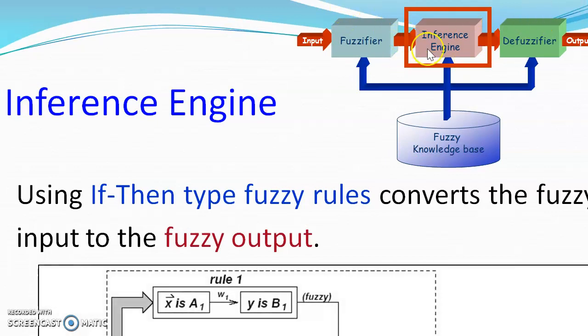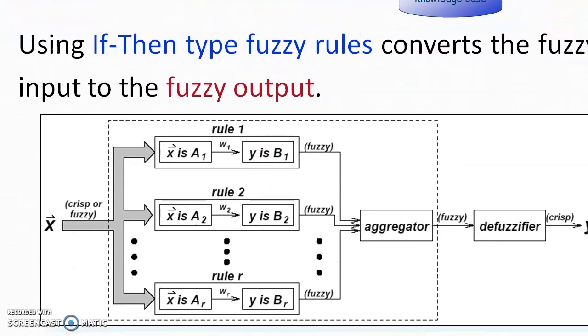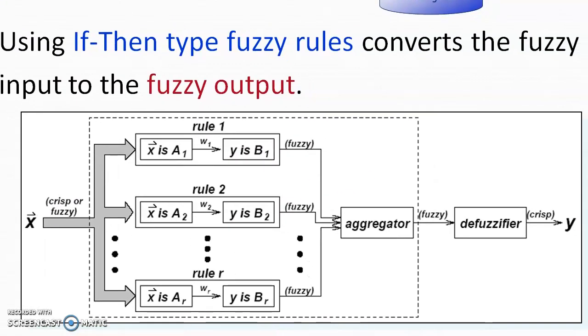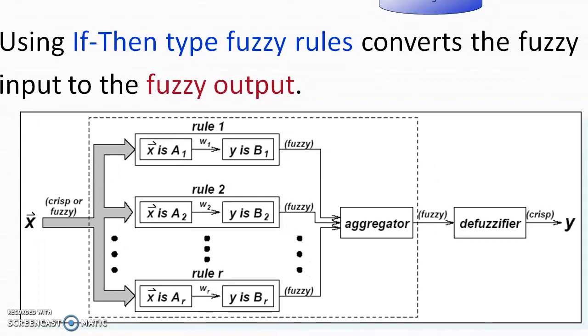Now this inference engine is basically having the fuzzy input, right? This fuzzy input is mapped into a fuzzy output by some rules. So basically, the inference engine works on fuzzy rules, the if-then type fuzzy rules which we have already discussed in the fuzzy rules chapter.